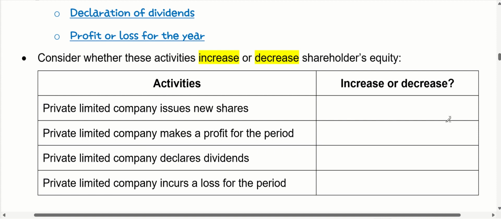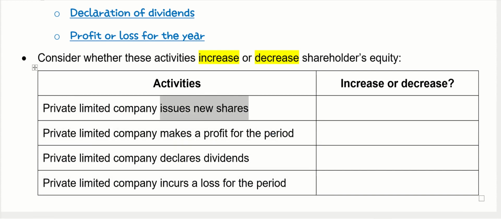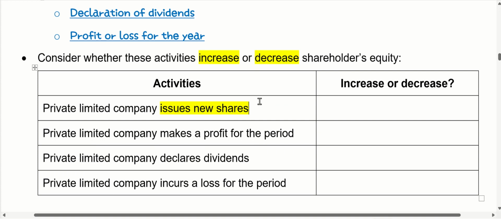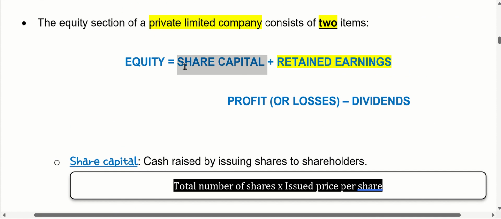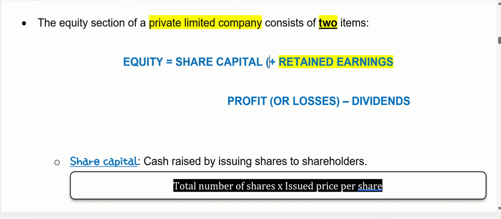Are you done with it? Okay, if you are done with it, let's go through whether or not these activities will increase or decrease shareholders' equity. So firstly, when your private limited company issues new shares, you sell new shares, what happened here is your share capital has gone up.